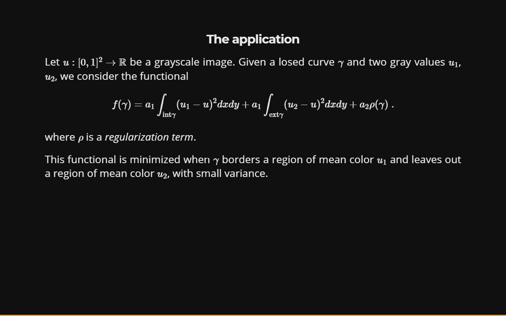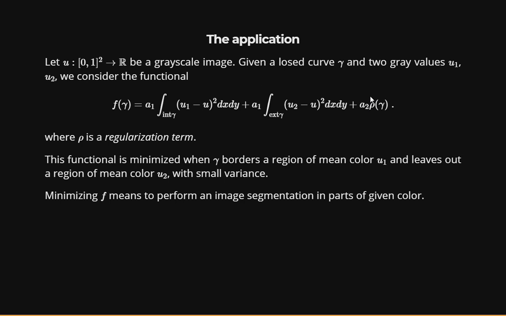So this function is minimized when gamma borders a region of mean color U1 and leaves out a region of mean color U2 with small variance, meaning that the region should be more or less uniformly of color U1 and the other should be more or less uniformly of color U2. This term guarantees you that gamma is not too wild. It is a nice curve in a way. Minimizing F means to perform an image segmentation in parts of given color.